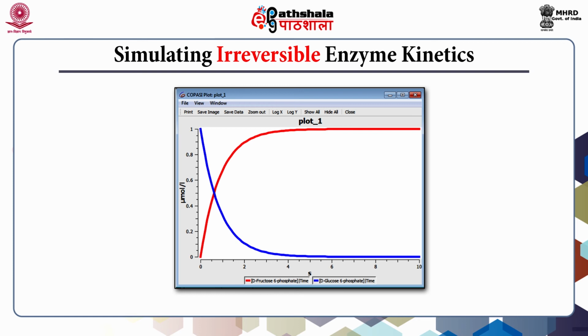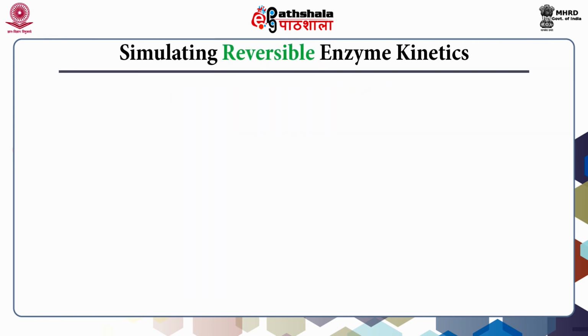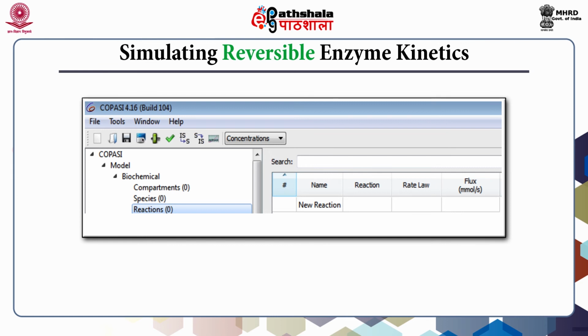This shows that within 6 seconds, all of the glucose 6-phosphate is converted to fructose 6-phosphate under Henri-Michaelis-Menten irreversible kinetics rate law.